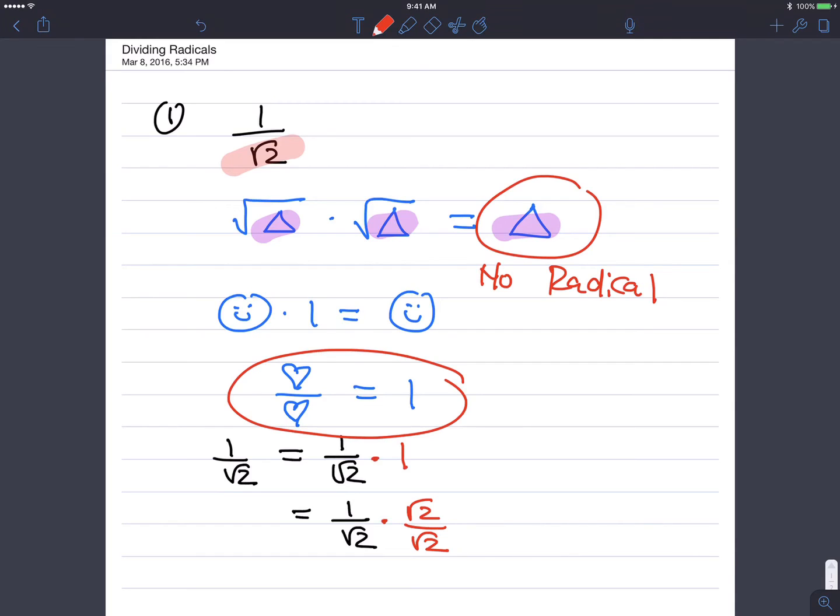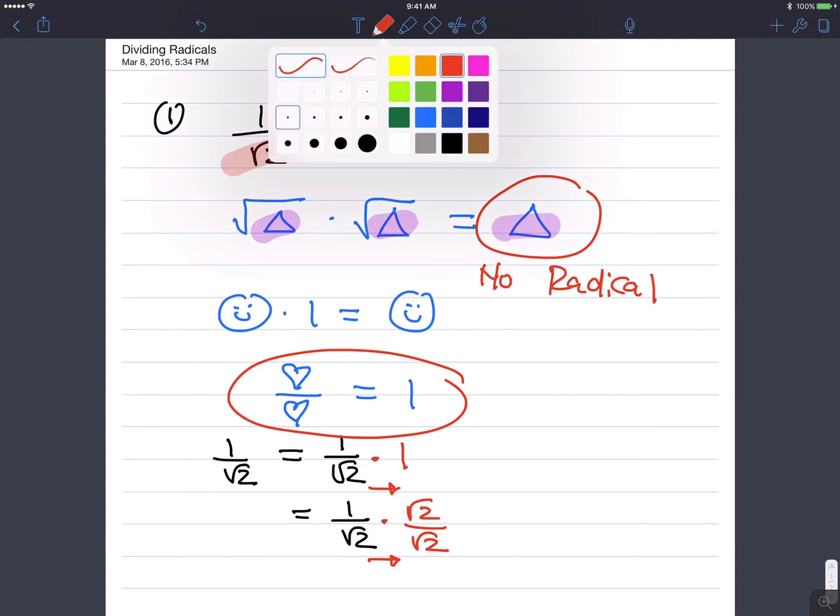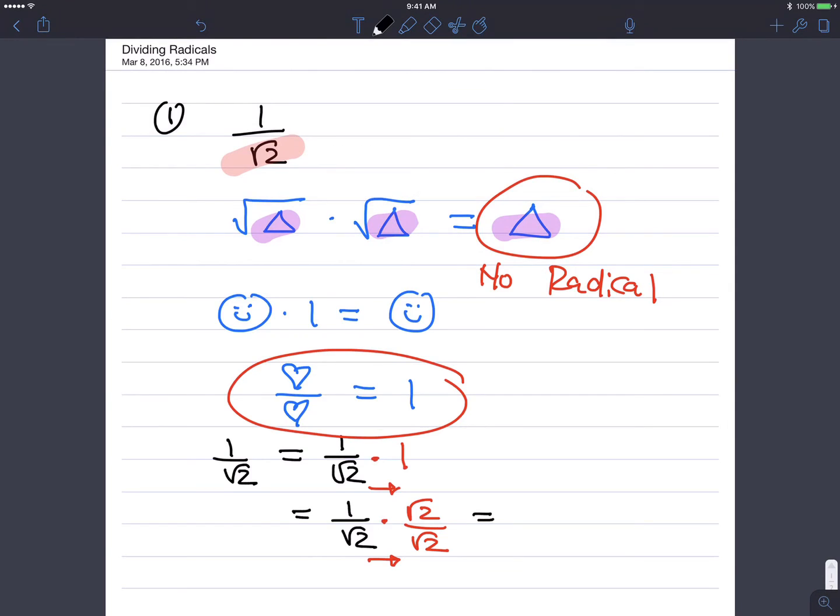The reason we use the square root of 2 here is because whenever we multiply fractions, we multiply horizontally across, so what you end up getting here is 1 times the square root of 2 for a numerator, and then the square root of 2 times the square root of 2 for the denominator. Let's write this a little better. 1 times the square root of 2, over the square root of 2 times the square root of 2.